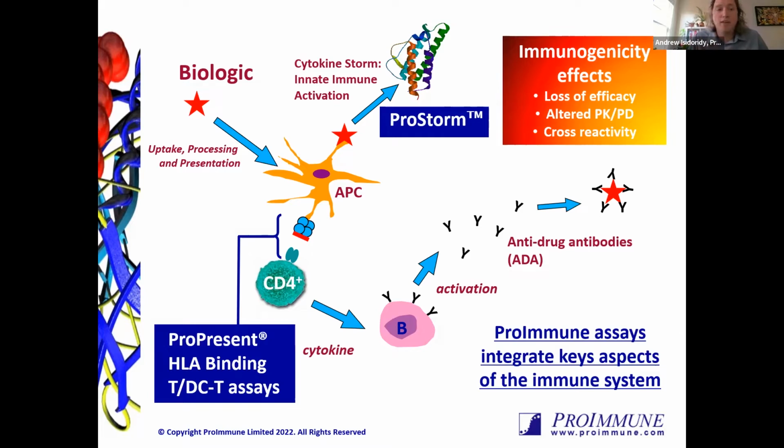We have HLA binding assays, which use recombinant HLA alleles to look for the peptide's ability to bind that HLA. We also offer T cell proliferation assays that look for the ability of that MHC peptide combination to drive T cell proliferation. Of course, all of that is happening upstream of other unwanted immunogenicity effects, such as cytokine production, B cell activation, and anti-drug antibody production.